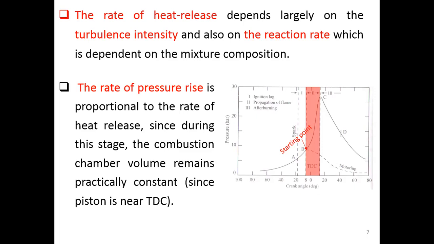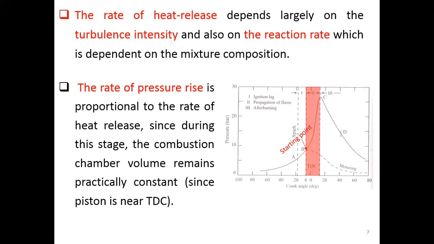So the rate of heat release depends on these two factors: first, how much turbulence we can create inside the combustion chamber, and second, how fast we can create the chemical reactions. And this chemical reaction rate depends on the mixture composition, or the air-fuel ratio.